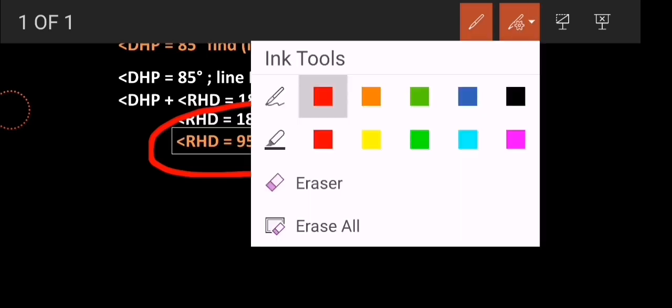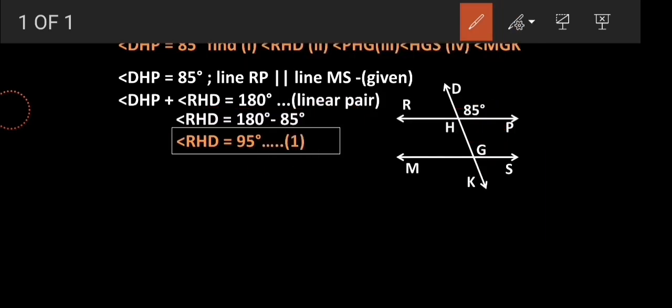If you observe, RHD and PHG are vertically opposite angles, right? They do not have any common arm, they have only the vertex in common. So we can say these two angles are vertically opposite angles, and I had given you the property: all vertically opposite angles are congruent to each other.